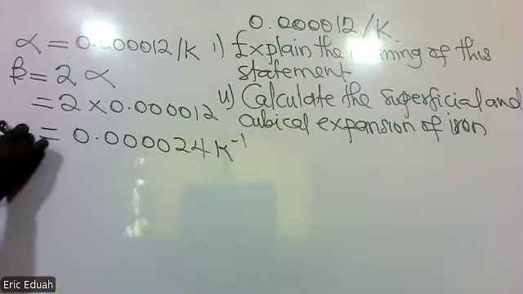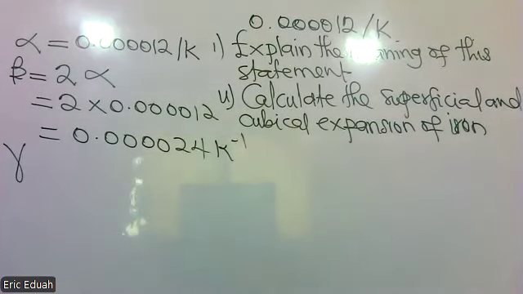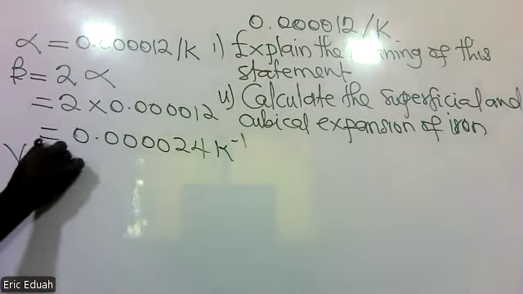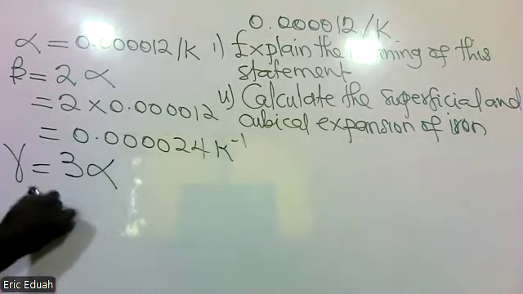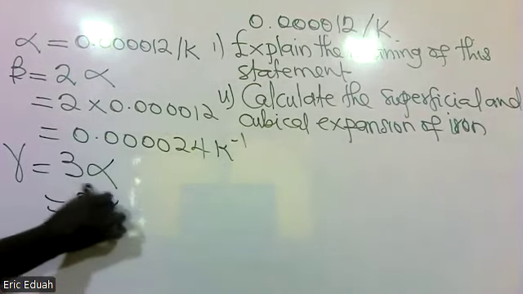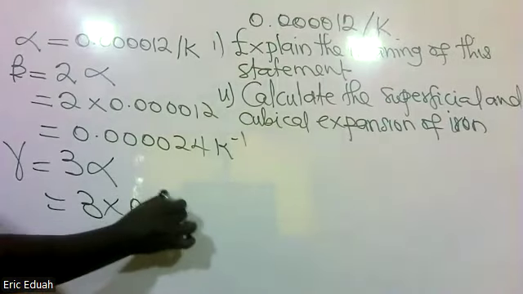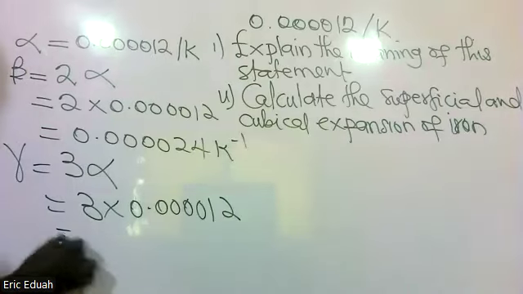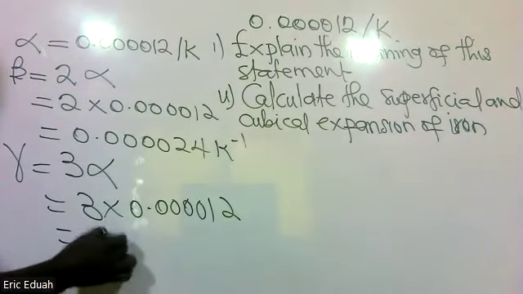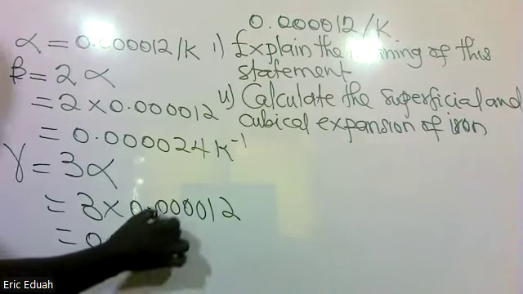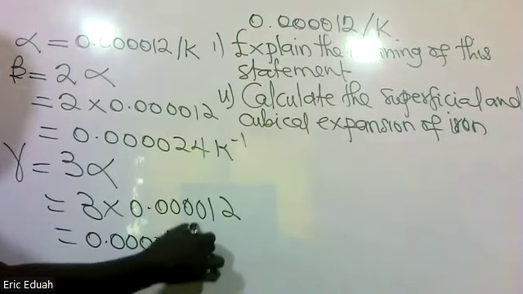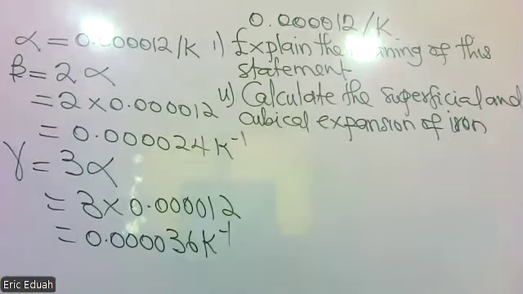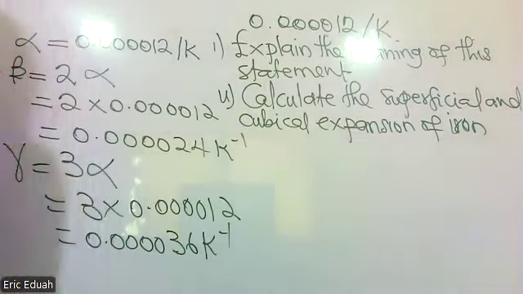Then volume or cubical expansion is also 3 times linear expansion. So 3 times 0.000012 will also give us 0.000036 per Kelvin or degrees Celsius. So simple.